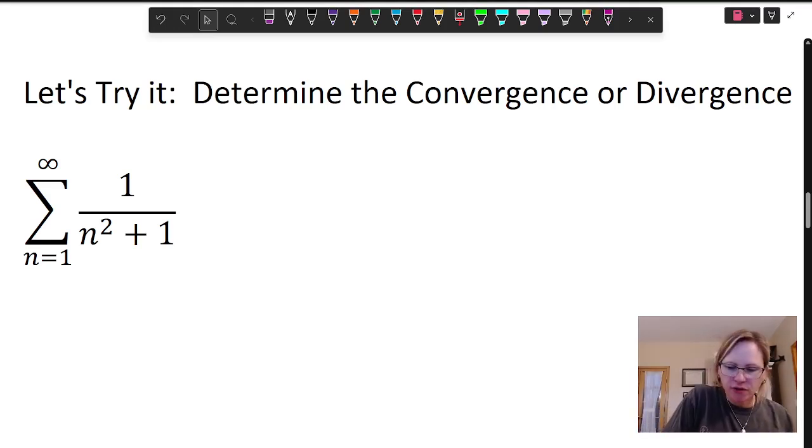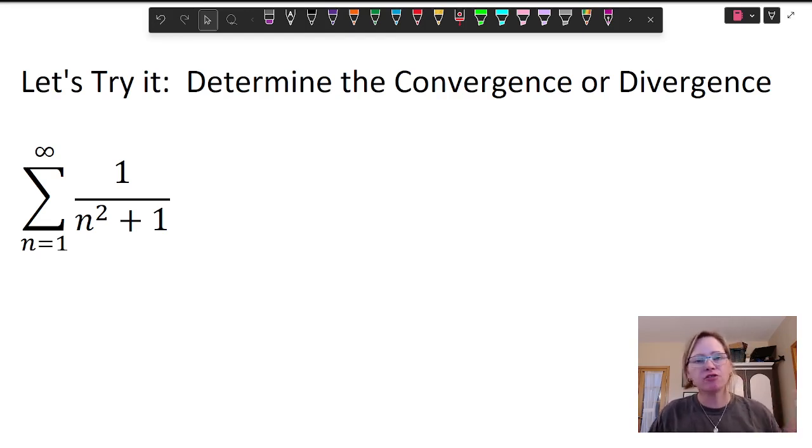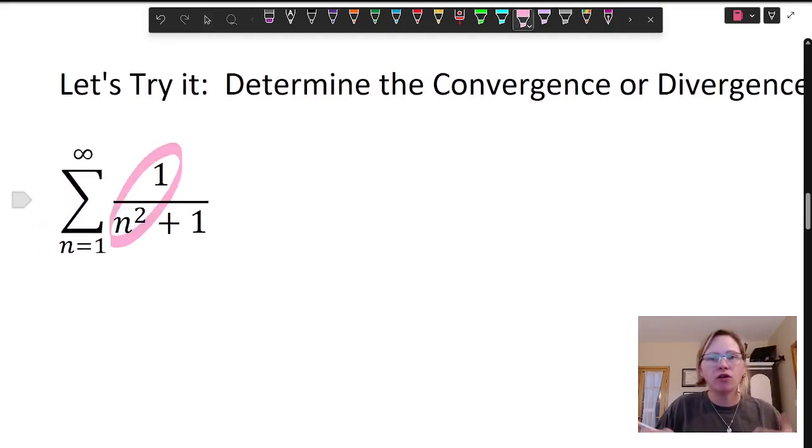Okay, so the first thing that I'm going to do when I look at the series is see that I've got positive terms. They seem to be decreasing. With the nth term test, if I were going to do this limit, the limit would be 0, so it's not like I have a divergent series. So I'm going to look at the end behavior. The end behavior model is a convergent p-series, 1 over n squared, which would converge.